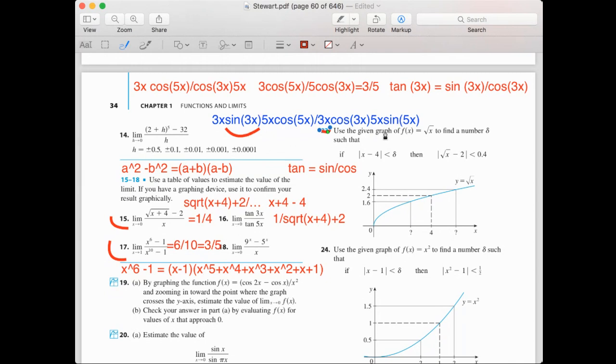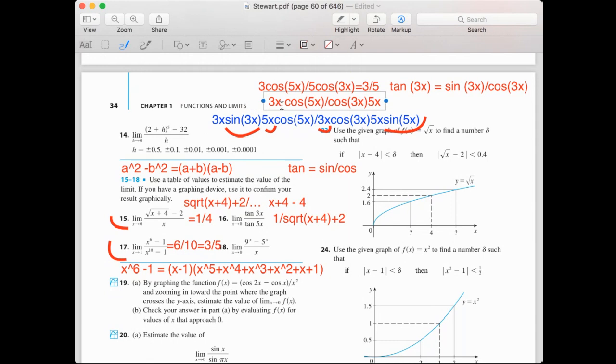Then I have sine 5x and a 5x in the numerator, so the limit as x approaches 0 of 5x divided by sine 5x also equals 1. So all those disappear. What's left? 3x cosine 5x for the numerator, and cosine 3x times 5x left for the denominator.